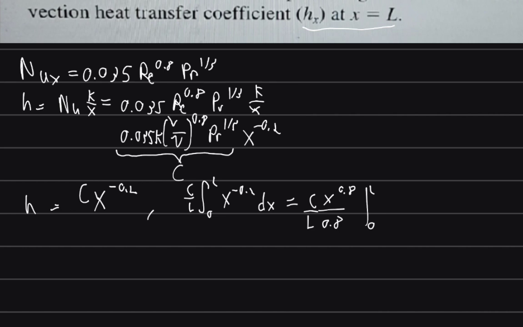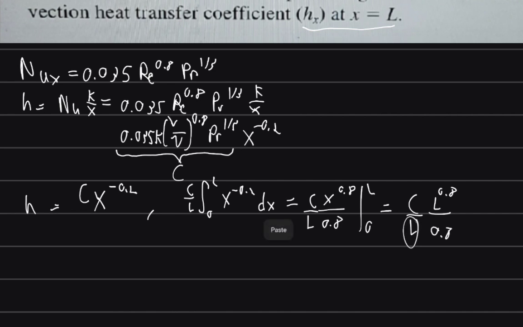At x equal to 0, the function is just 0, so we just substitute in L. So we say c over L times L to the 0.8 over 0.8.